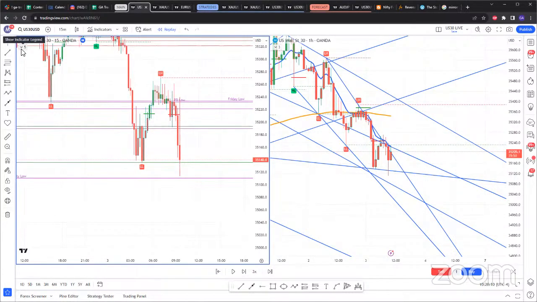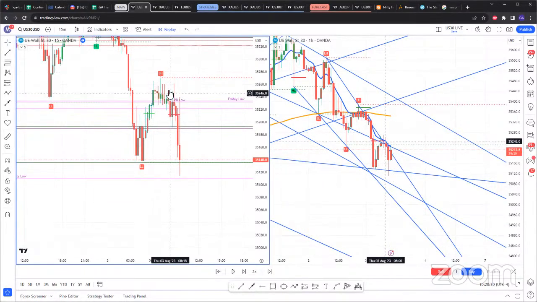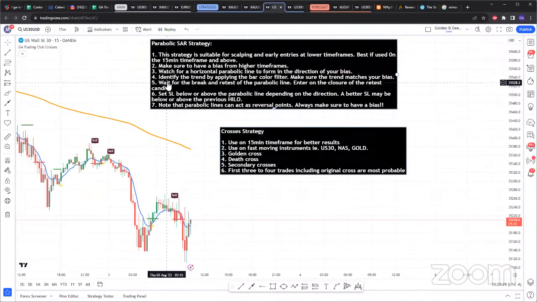For me, 24/7, the bar color option is selected in all my indicators, such that I know that price is either bearish or bullish. If I see red, I know that price is below the 9 EMA. If I see green, I know price is above the 9 EMA. So that's another thing you need to consider.